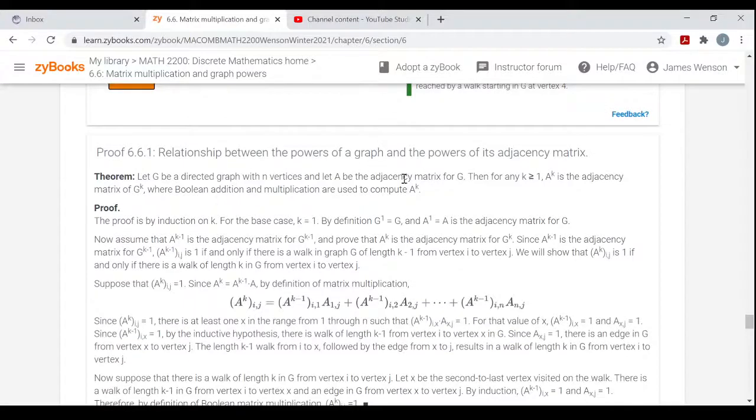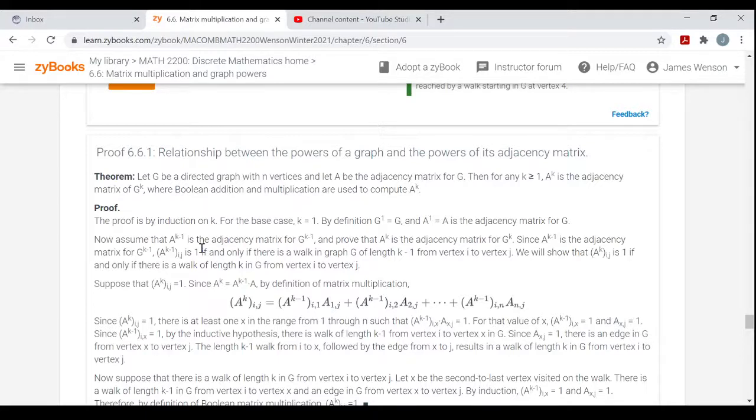All right, and then in the end of section 6.5, there is a proof here that's a proof by mathematical induction. See this proof by induction. And as I mentioned last section, you can read through this proof if you want. And if it makes sense to you, fantastic.